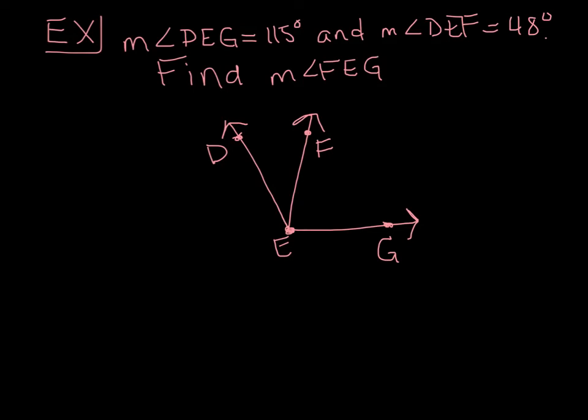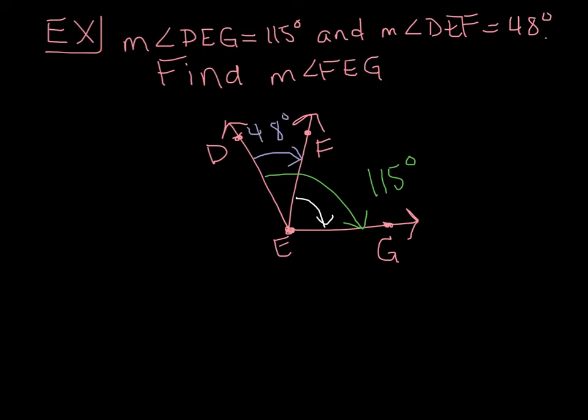So let's apply that. We want to find the measure of angle FEG. So we're looking for this one right here. We're told that the measure of angle DEG, so this whole thing, is 115 degrees, and the measure of angle DEF, right here, I'm going to do it in a different color, is 48 degrees.